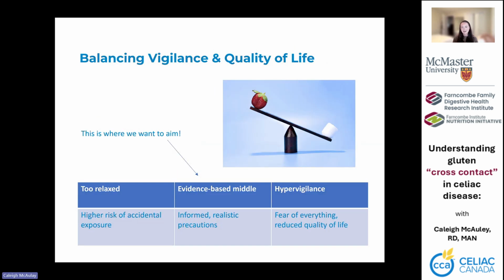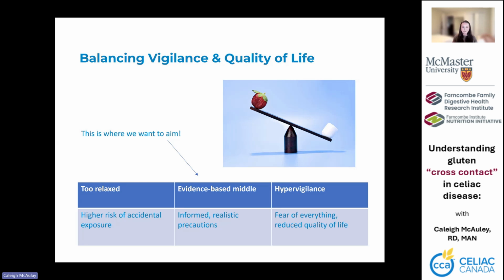And this slide is the heart of today's message. Really, it's kind of like a balancing act. Being too relaxed increases risk, but on the other hand, being hypervigilant reduces quality of life. The goal really is to land somewhere in the middle, with informed, realistic precautions that keep you safe but also allow you to live your life.